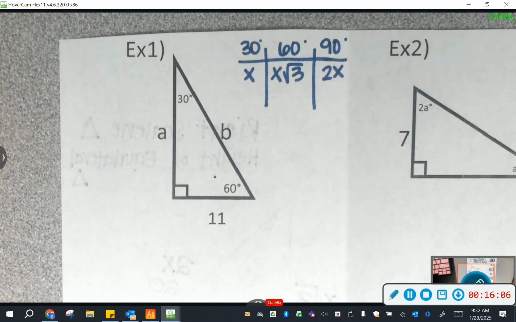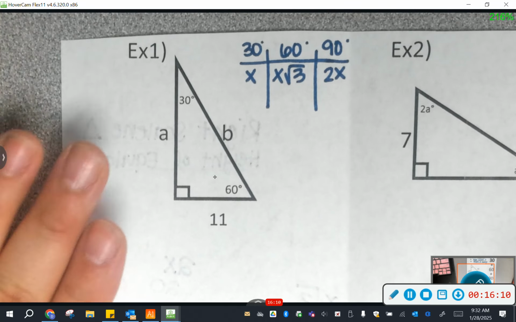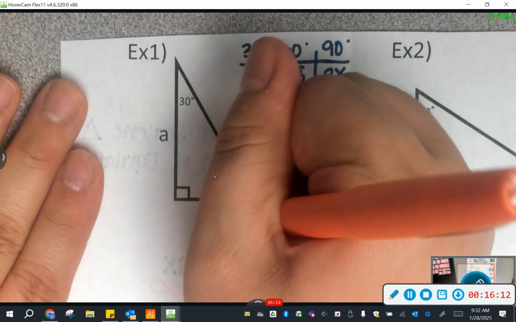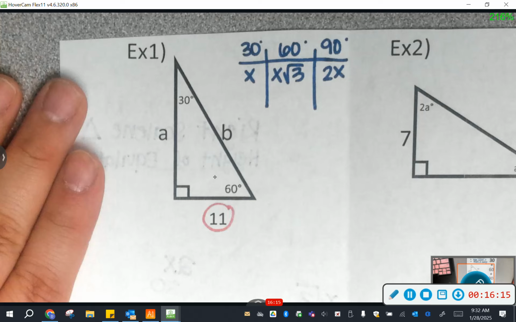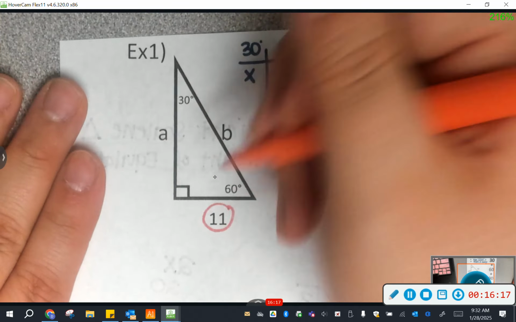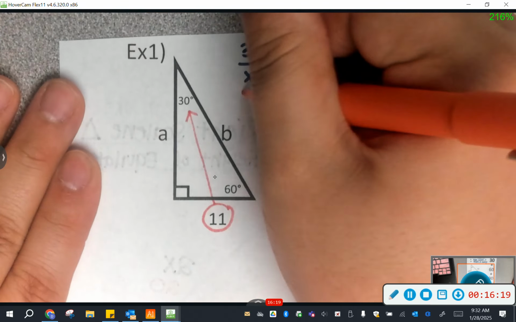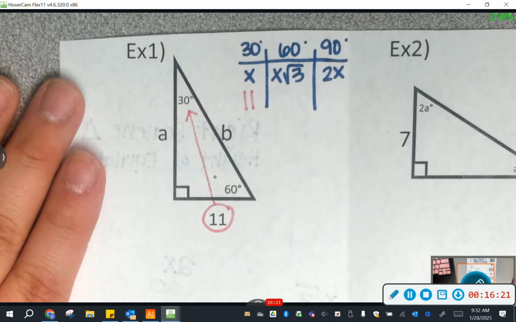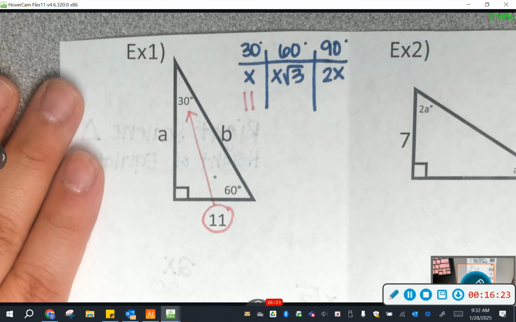What did I give you? What am I giving you? 11. What is 11 across from? The 30. So the 11 goes in the 30 column because it is across from the 30.